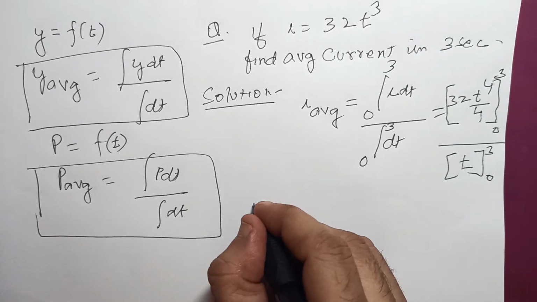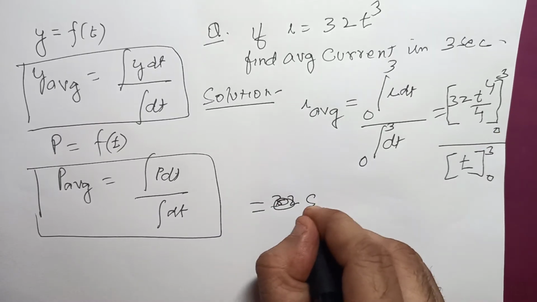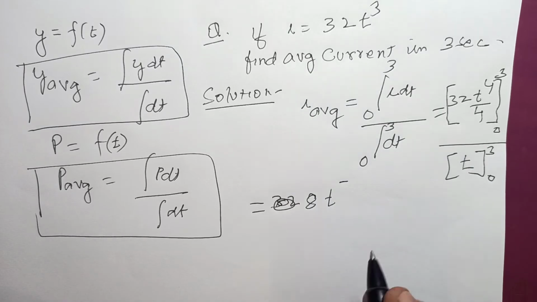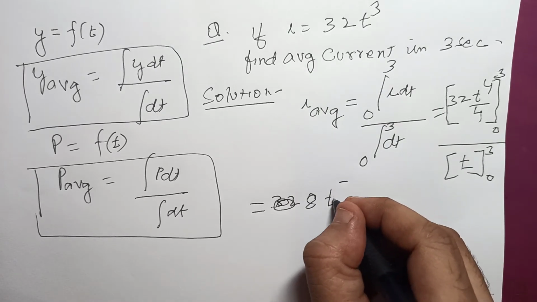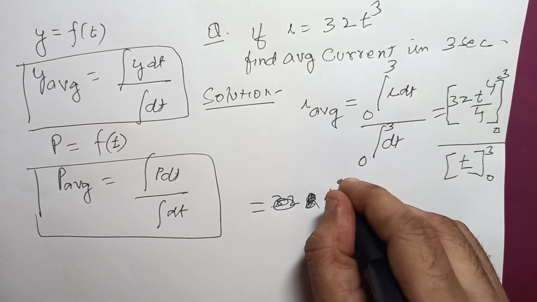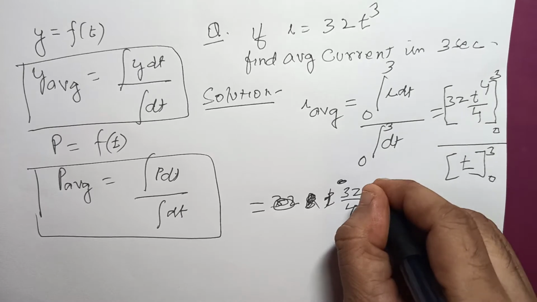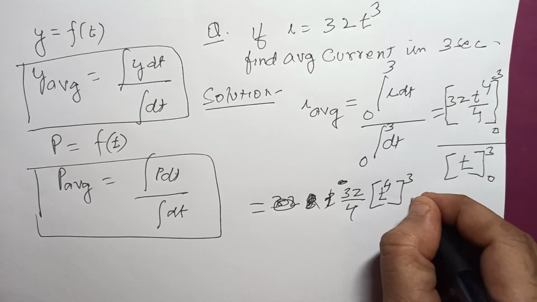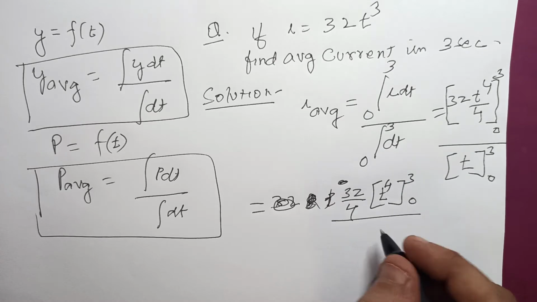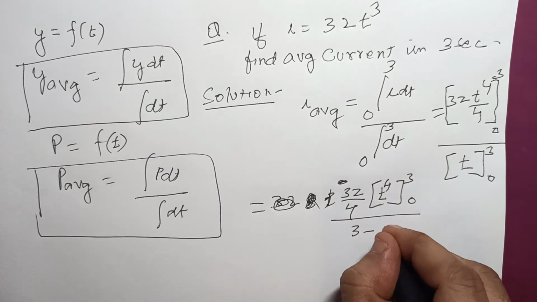Further, I can write it 32 divided by 4 is 8, and t to the power 4, from 3 to 0, divided by 3 minus 0.